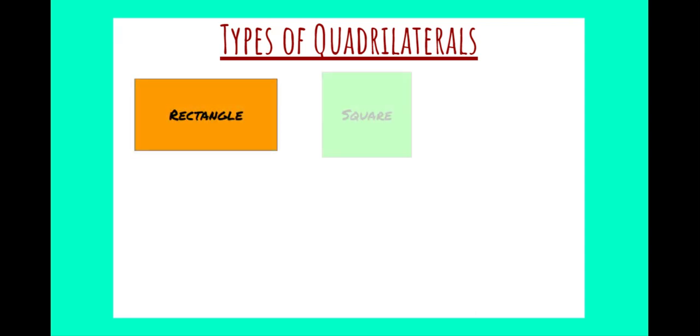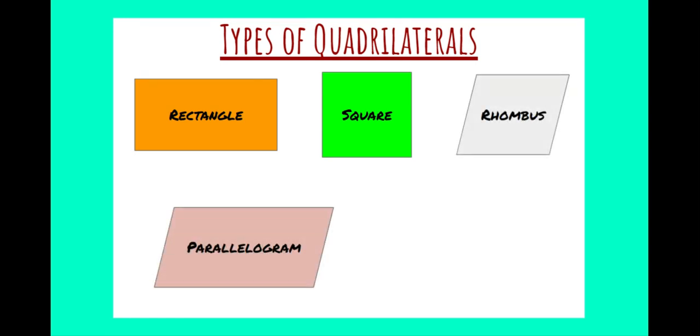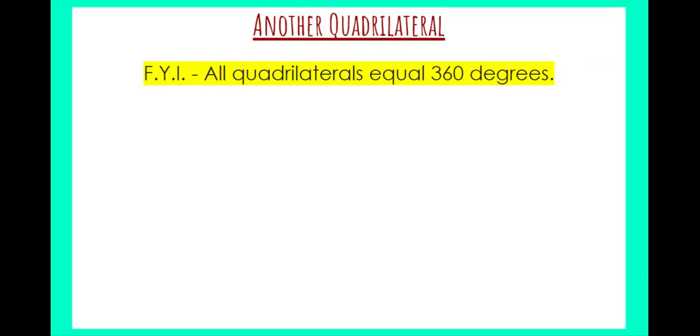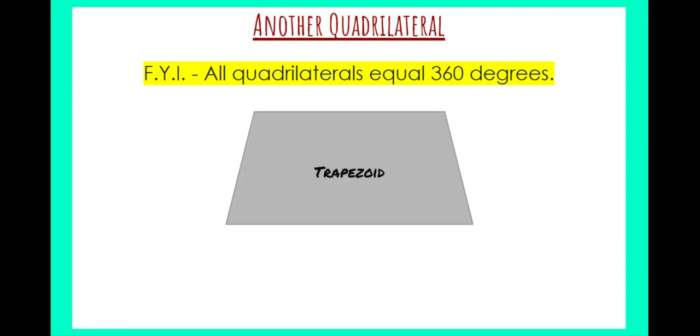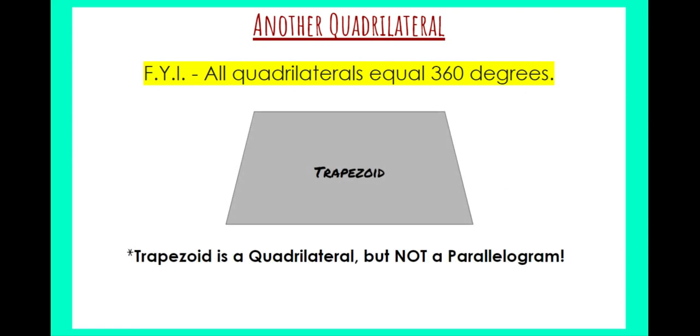So as previously mentioned, there are different types of quadrilaterals. We have a rectangle, a square, a rhombus, a parallelogram, and what we're going to discuss in this video is a trapezoid. Something you must know: all quadrilaterals equal 360 degrees. So here we have a trapezoid. A trapezoid is a quadrilateral, but ladies and gentlemen, it is not a parallelogram.